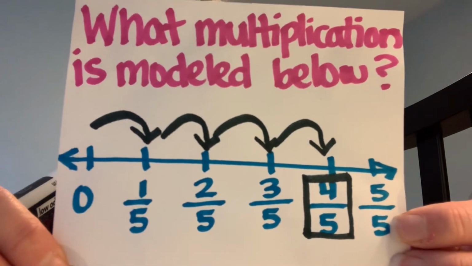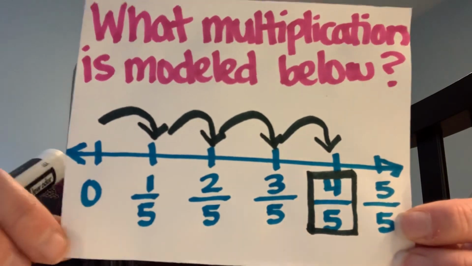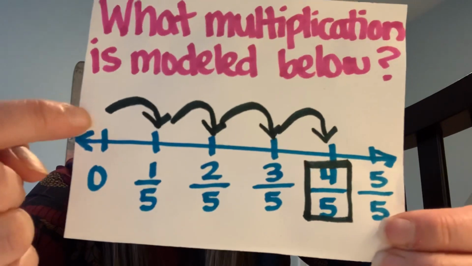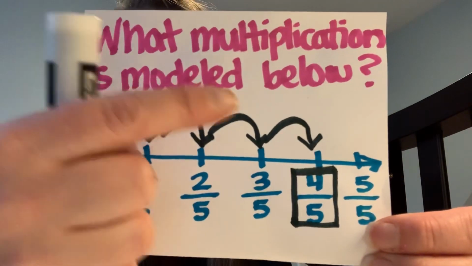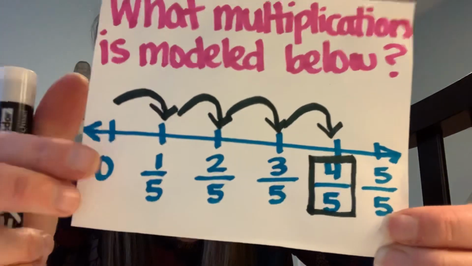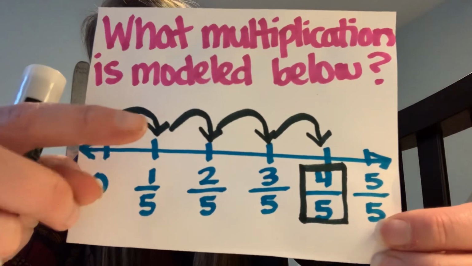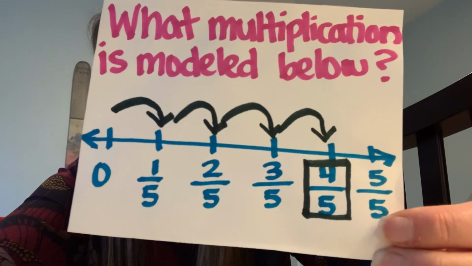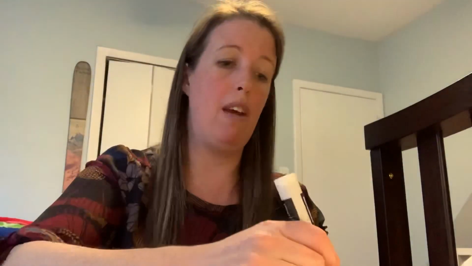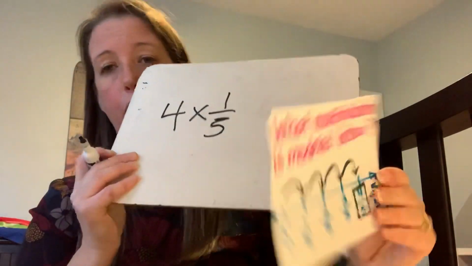Fifths. And this looks very similar to the question we just did, actually. There was 1 jump, 2 jumps, 3 jumps, 4 jumps. So I did 4 jumps, those are the black arrows, of 1/5. So this would be 4 times 1/5 for that.